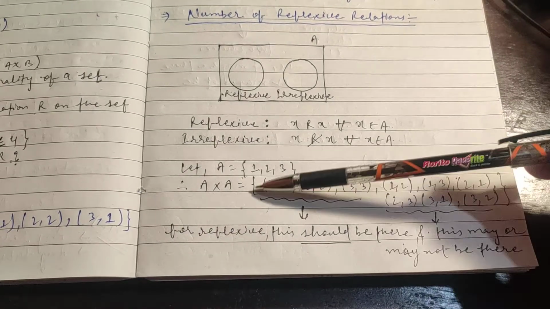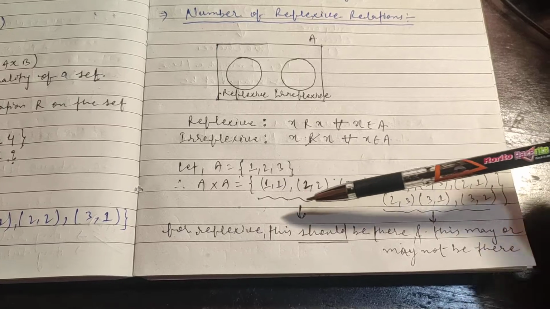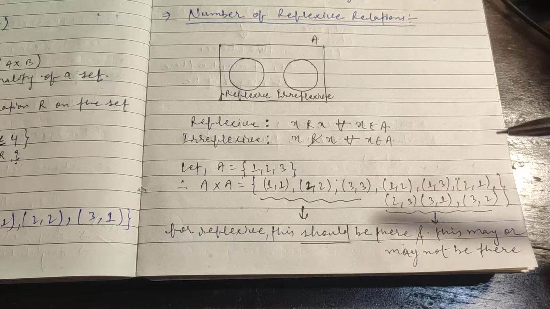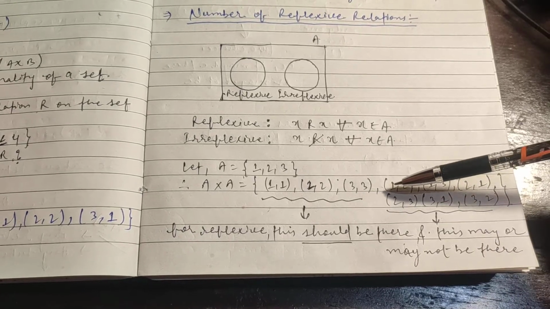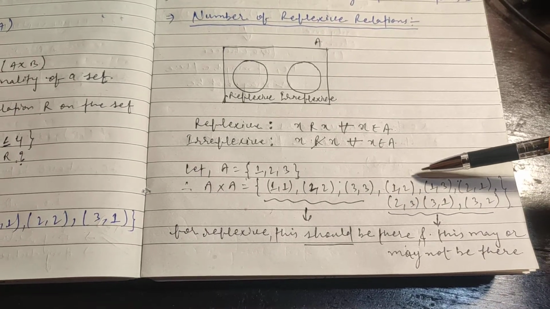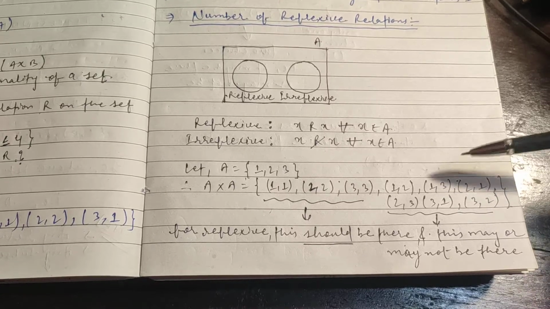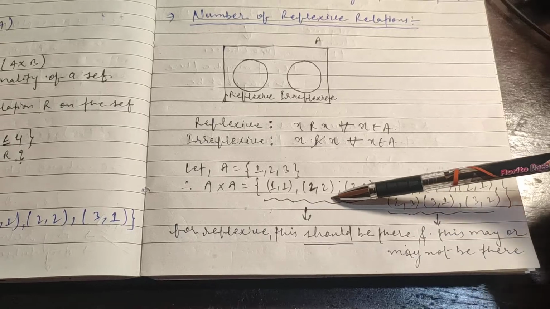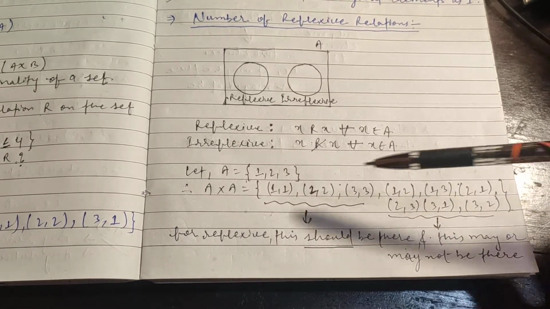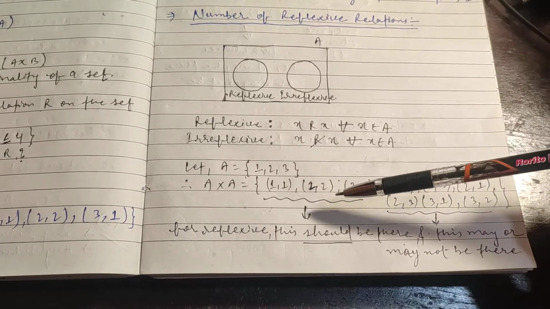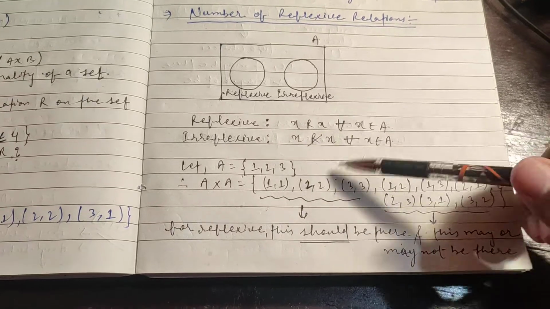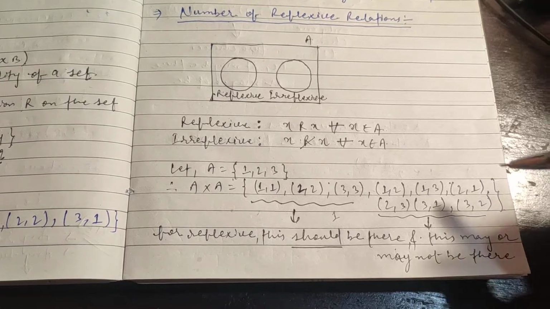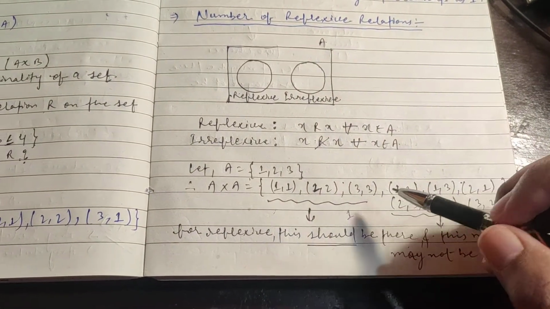For this we have only one choice, and for this we have two choices for each element, like 1 and 2 can be present or cannot be present, 1 and 3 can be present or cannot be present. But for this we have only one choice: all these elements must be present.